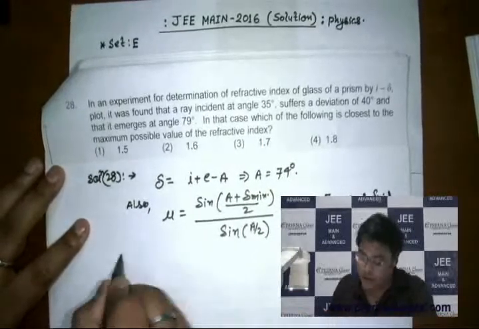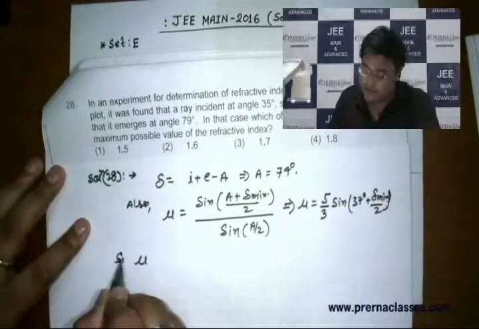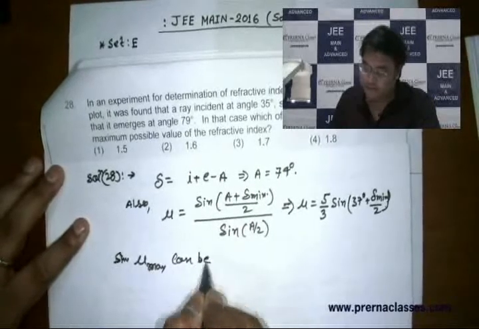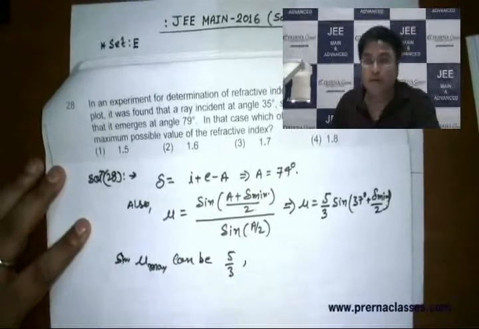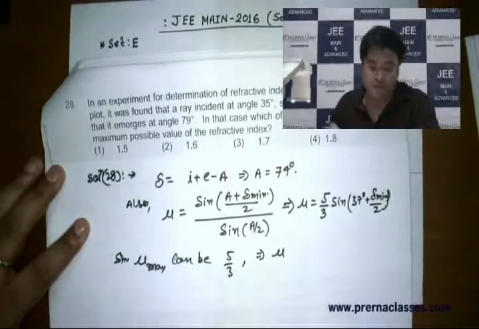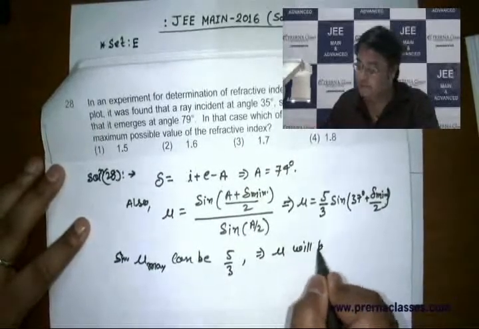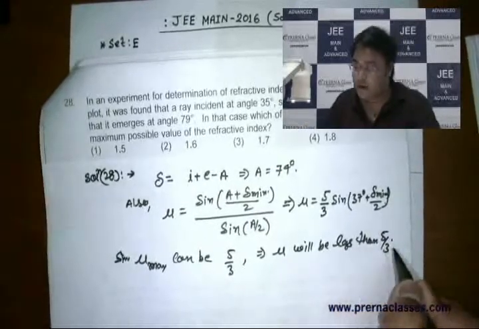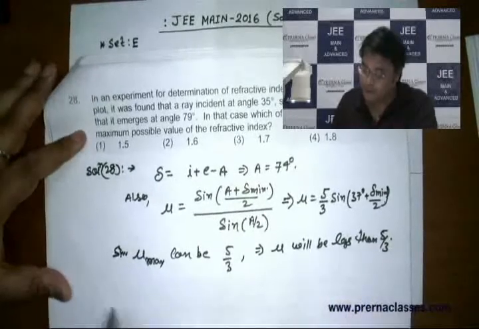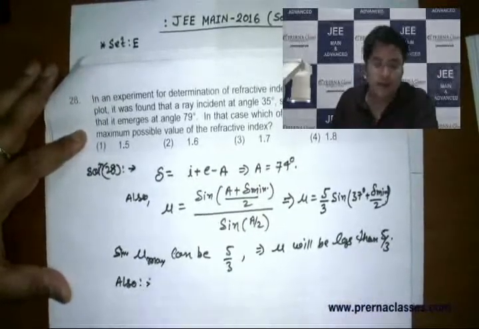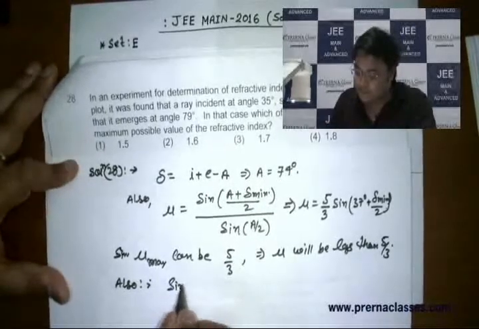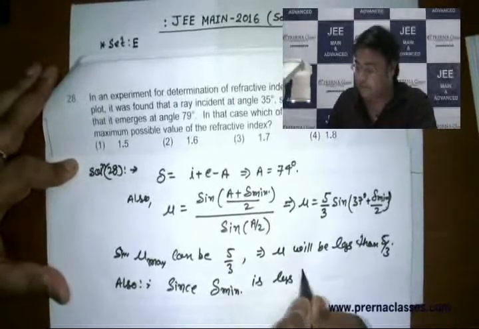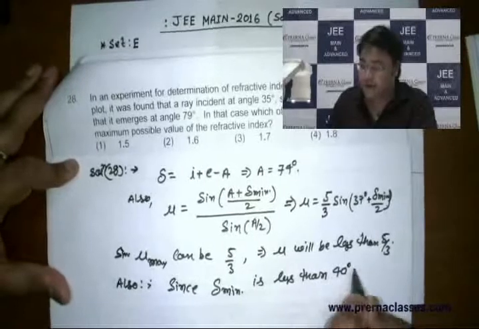Okay, so it gives, since mu max can be 5 by 3, that implies mu will be less than 5 by 3. Also, delta minimum will be less than 40 degrees.